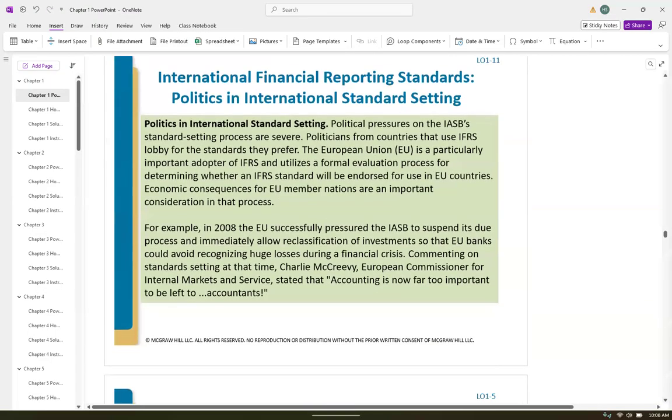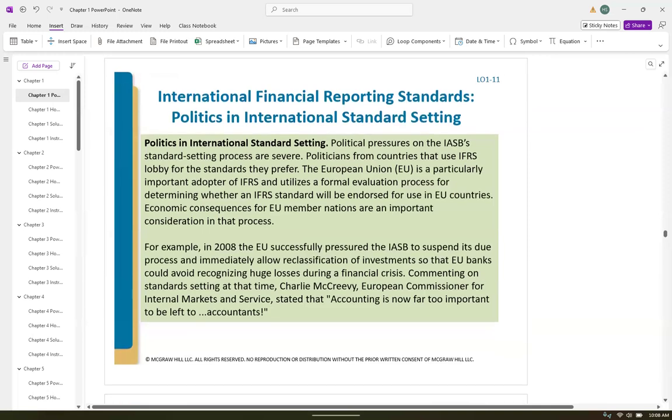There is a lot of politics. Notice the learning objective flipped over to the international objective, but we're still within the objective that we're covering. There is politics in the international standard setting scene. Lobbyists will put a lot of pressure on the boards to pass different rules.